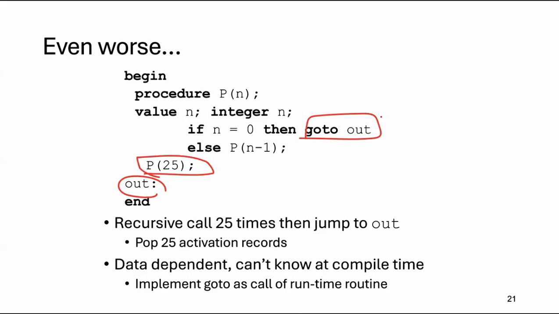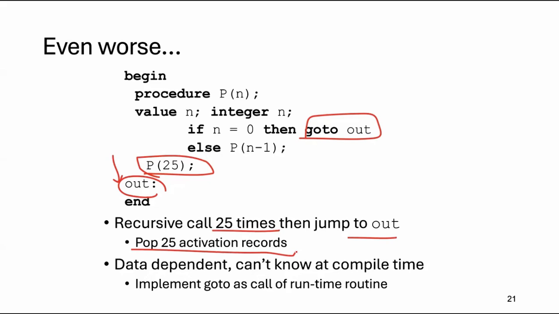So when we call the go-to out and jump right here, you actually have all the activation records for all the recursive calls that we have. When we go to out, the program has to know that we exit the recursive call, and that it has to pop out all the activation records for whatever number of recursive calls we already did. Because this function recursively calls itself 25 times, then jumps to out, the compiler has to pop 25 activation records. That is really data dependent and cannot be known at compile time.